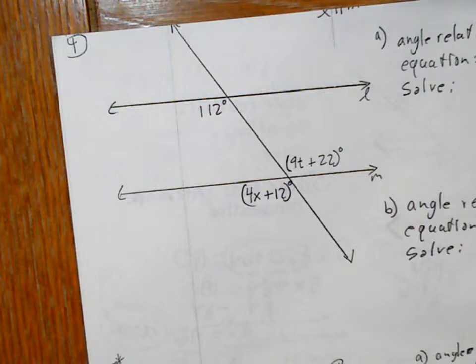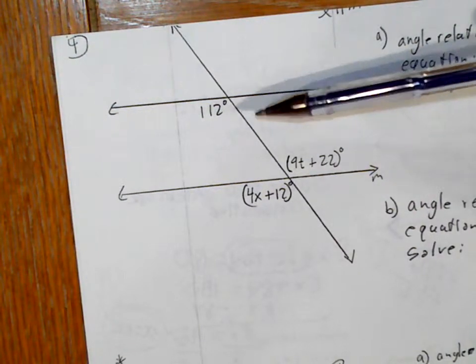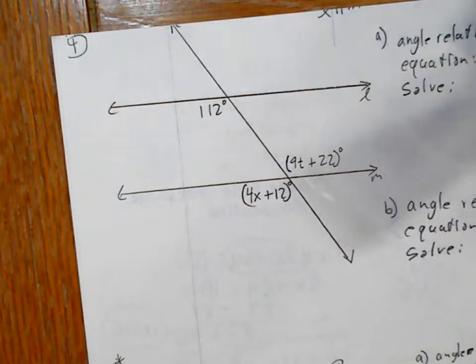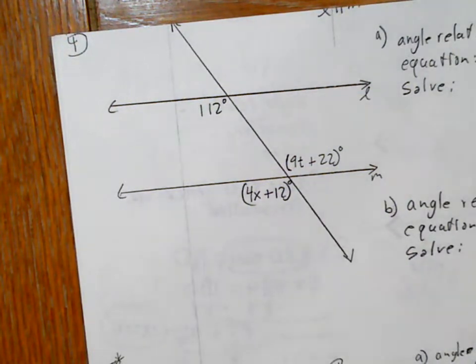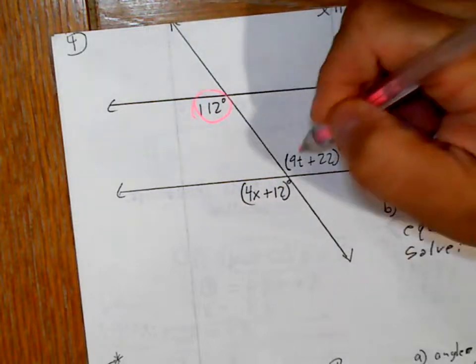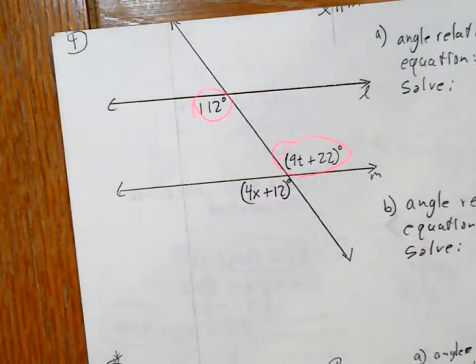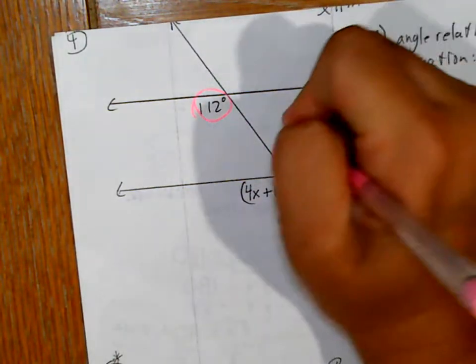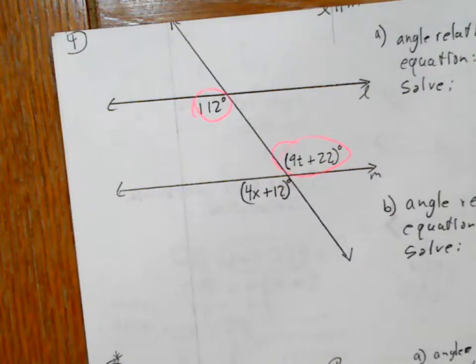Okay, so here, I'm gonna answer this question right now. If I'm looking at this one right here, this guy right here and this one right here are alternate interior angles.